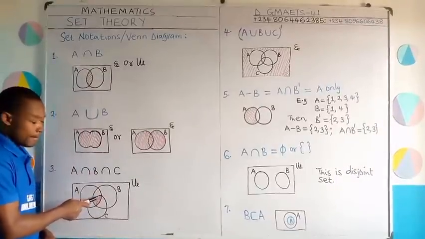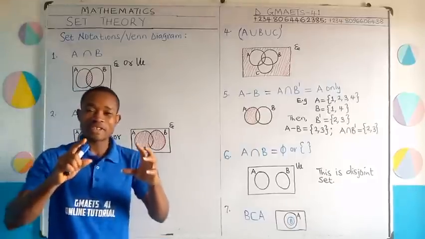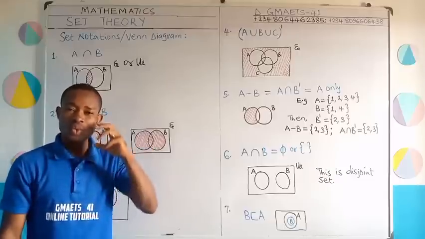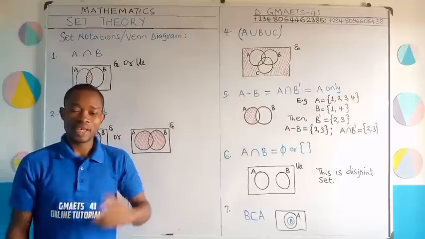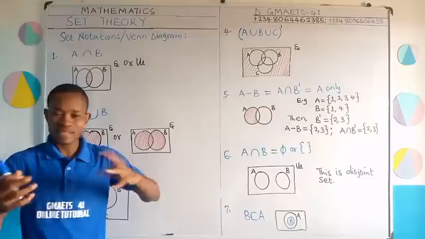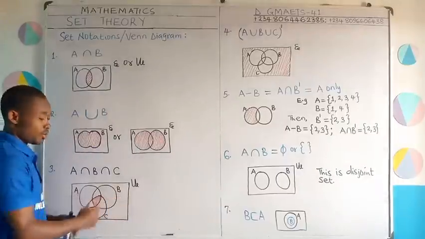Is that okay? Now, I want to say something quickly here because when dealing with Venn diagrams, in problems given at times, you hear words like A only, A and B, A and B only, C and B, and things like that. How can we show that in this diagram?